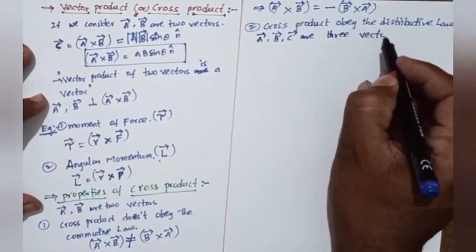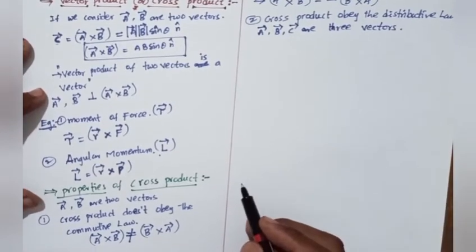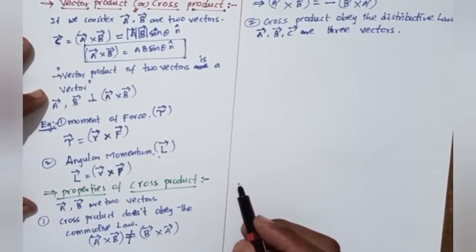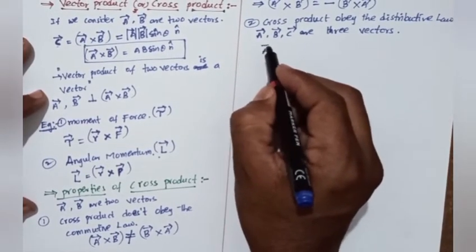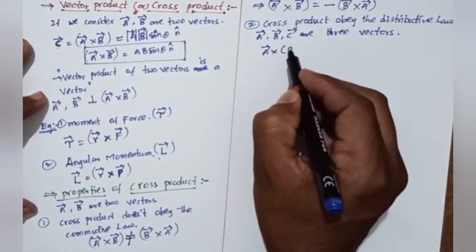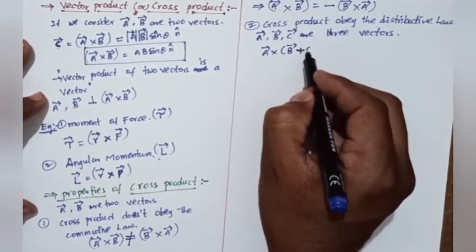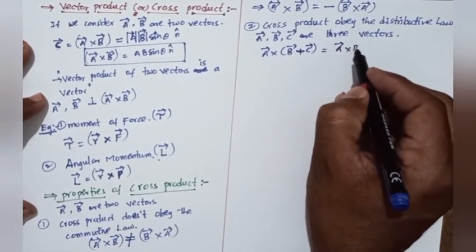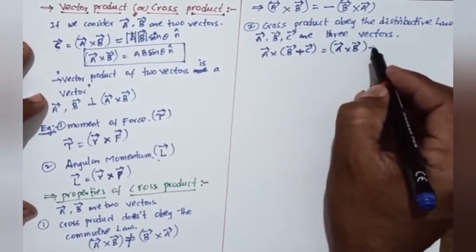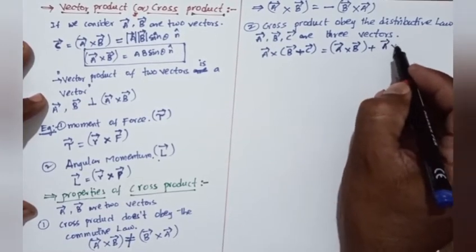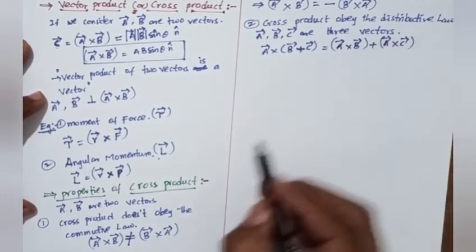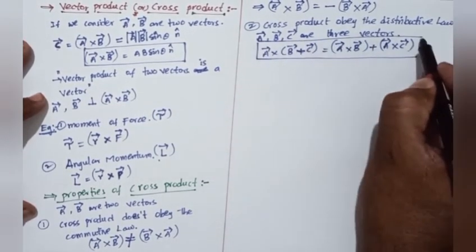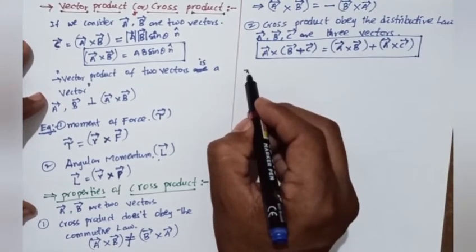Then A bar cross B bar plus C bar equals A bar cross B bar plus A bar cross C bar. So this is the distributive law, and the cross product obeys it.